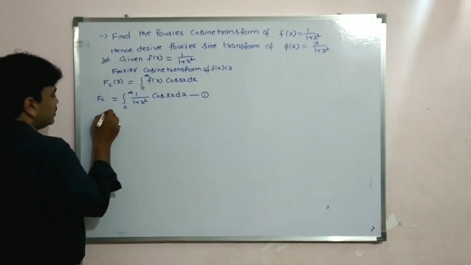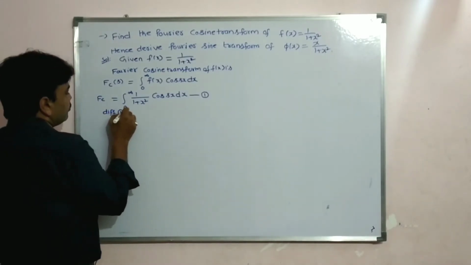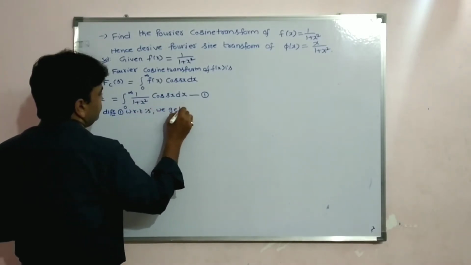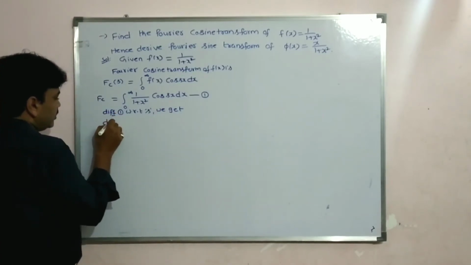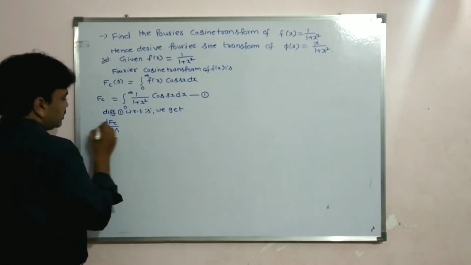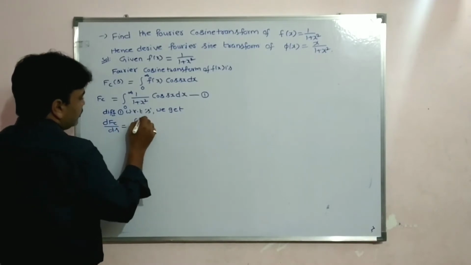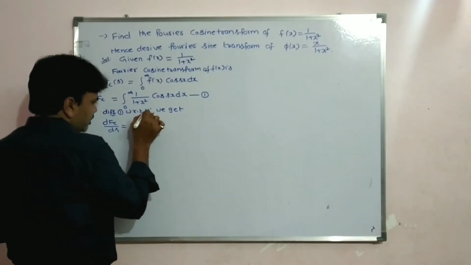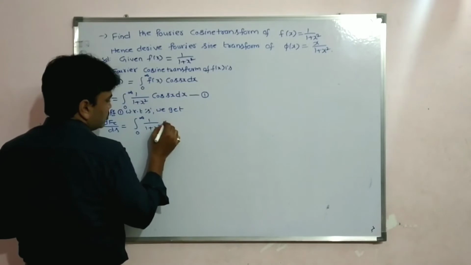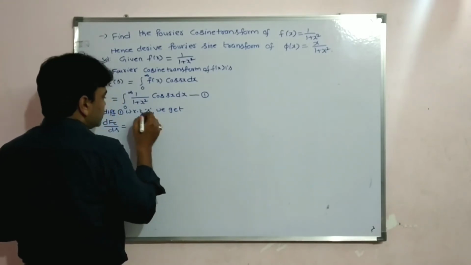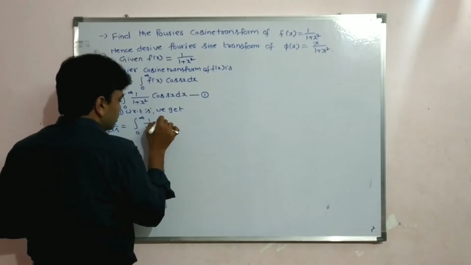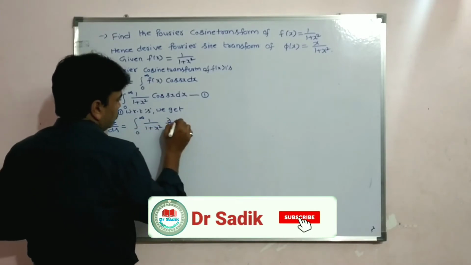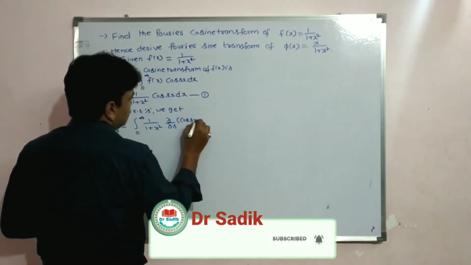So differentiate 1 with respect to s, we get dfc by ds equal to integral 0 to infinity 1 by 1 plus x square, because we have the s term here. Whenever we take the derivative inside the integration, it becomes dou by dou s of cos sx dx.